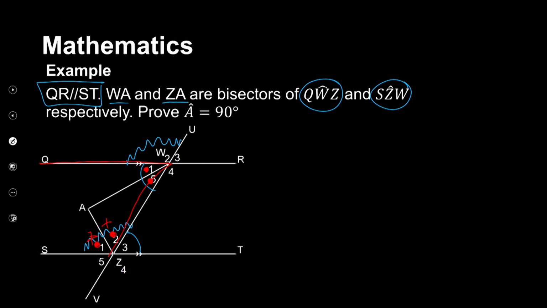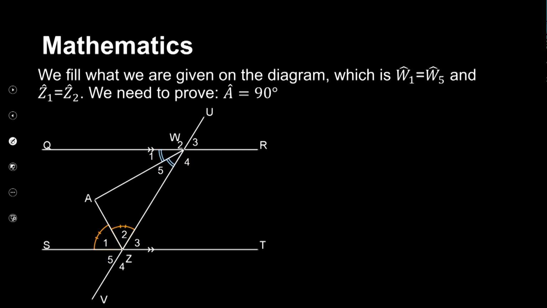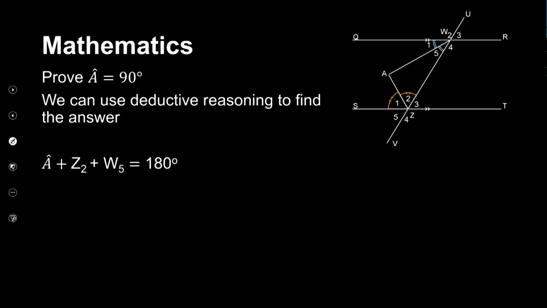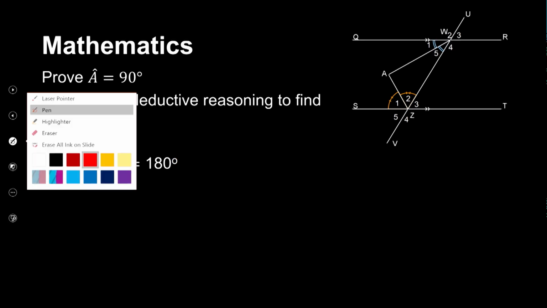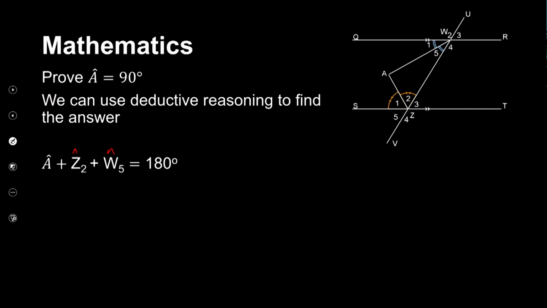Also, I know that I'm required to prove that A is equal to 90 degrees, which is this angle there. So let's talk about this. We fill in what we are given on the diagram, and that's what I will know based on everything that I've spoken about. To use all of this, I will now say A plus Z plus W5 is equal to 180 degrees.